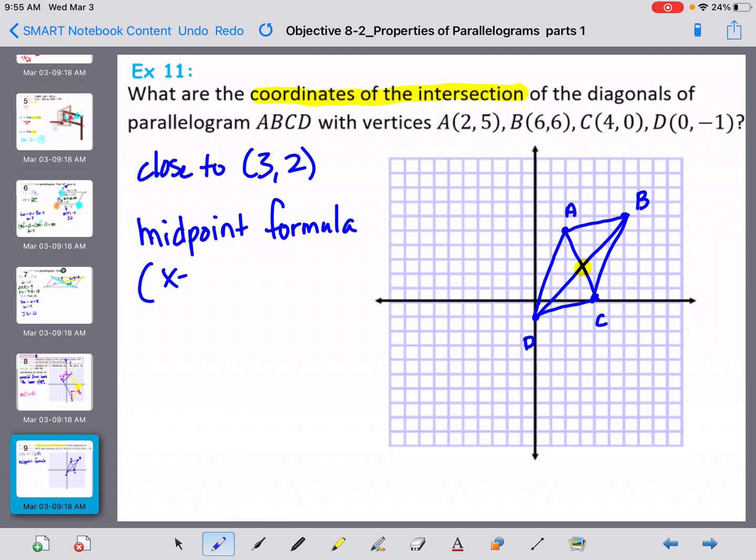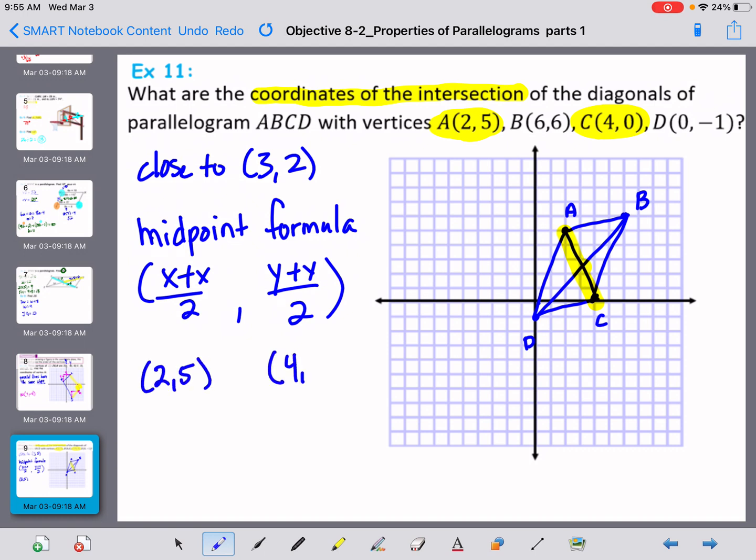So, x plus x divided by 2, y plus y divided by 2. Since the intersection is the middle of both diagonals, you only have to do one of the lines. I'm going to do this one. I'm going to use the coordinates for A and for C. So 2, 5 and 4, 0.